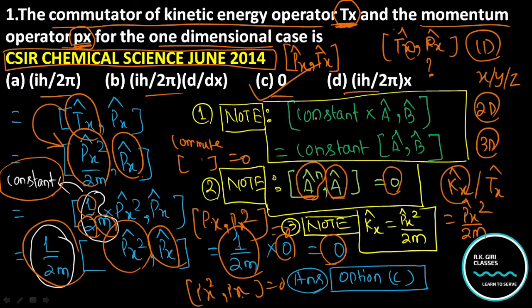Before that, you have to remember 2 notes: if an operator is multiplied by a constant and it is under a commutation operation, you remove this constant from the operator and then do the normal commutator operation.